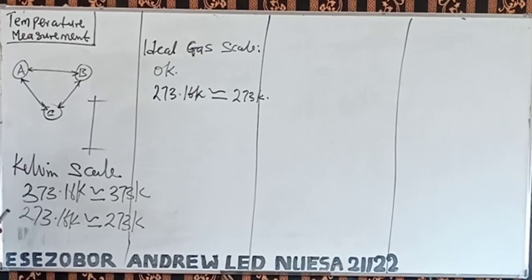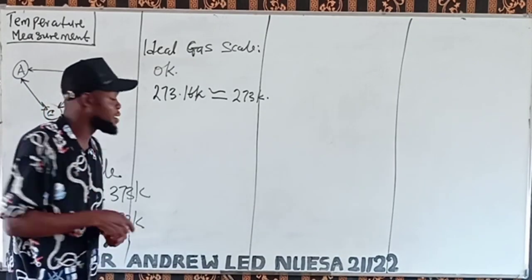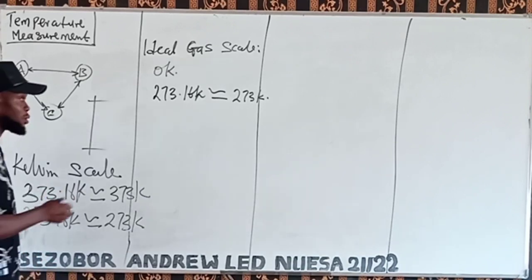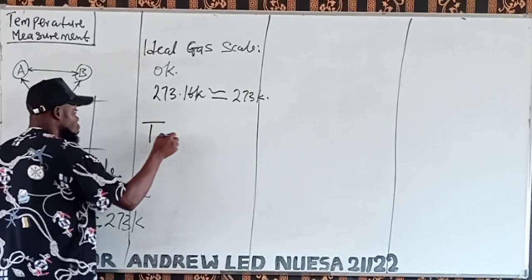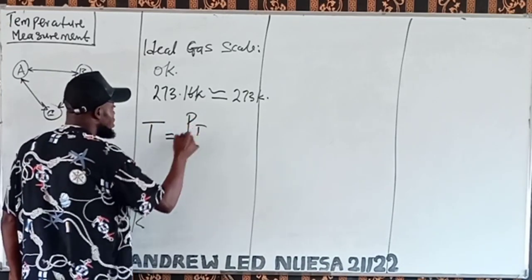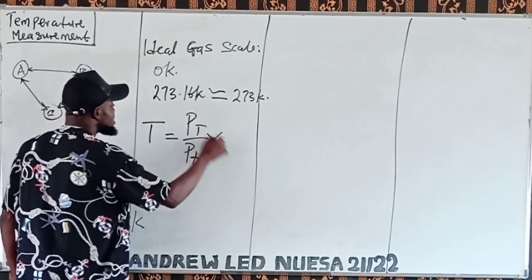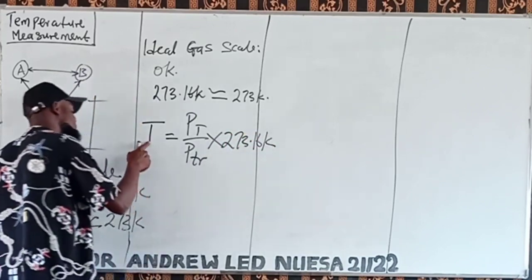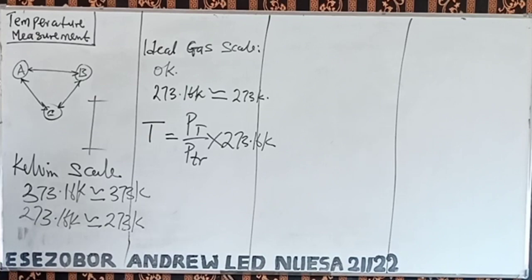Now, for the ideal gas scale, the unknown temperature can be obtained from the relation: the unknown temperature T equals Pt over Ptr times 273.16 Kelvin. Now, what is the meaning of T? T is the unknown thermodynamic temperature.